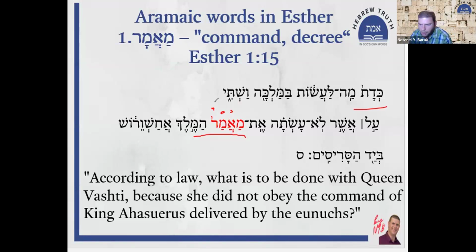We have other examples in the Book of Esther. And in First Temple period, we don't have that word ma'amar at all, and we don't have it in this sense. In First Temple period, you want to say the decree of the king, the word of the king, we have devar hamelech.